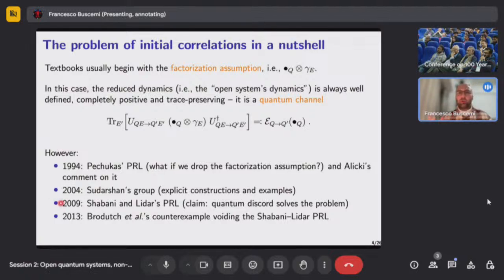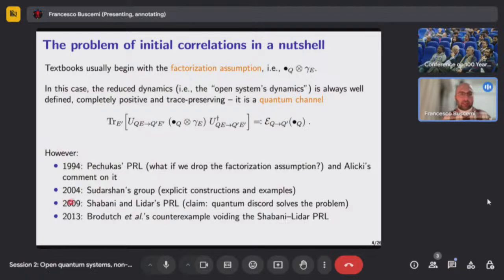The crown jewel of the literature about quantum discord was a paper published in 2009 by Shabani and Lidar. This also is a Physical Review Letters, claiming that quantum discord would essentially solve the problem, in the sense that the reduced dynamics of the system would be completely positive and trace preserving, so well formed on its own, if and only if the initial correlations between system and environment had zero quantum discord.